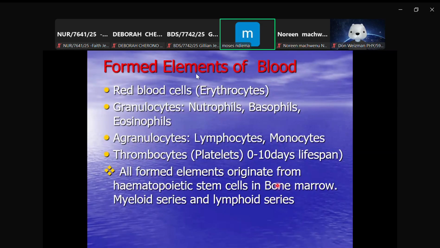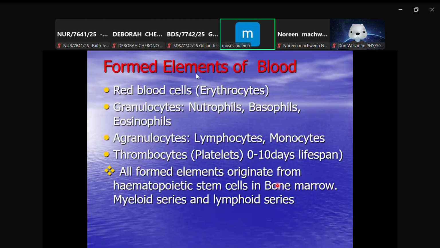As a general statement, we would say all formed elements originate from bone marrow. And within the bone marrow, we have these hematopoietic stem cells. Hematopoietic means they produce cells. That means they multiply and differentiate to form other cells, specifically blood cells. And these stem cells are usually divided into two.